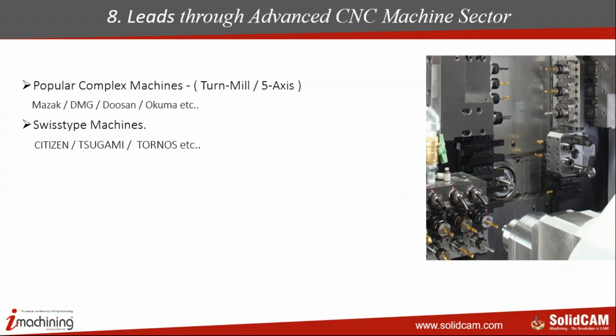Okay. Second, the advanced CNC machine sector is a new sector which popped up just a few years ago. Swiss type machines like Citizen, Star, Tornos, etc. I will share my experience.